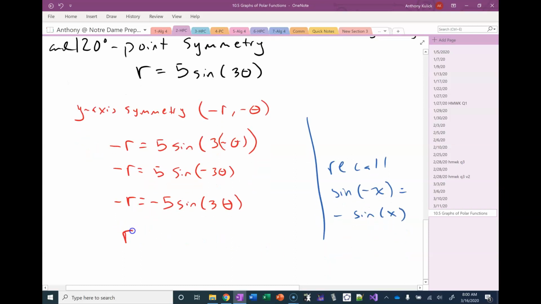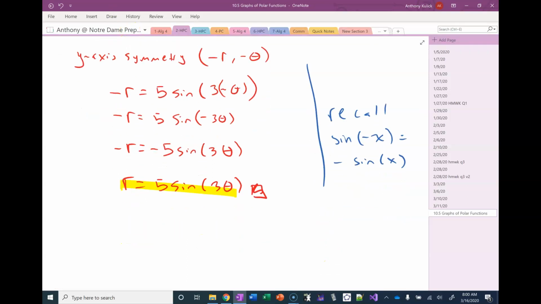Then if we divide both sides by negative 1, we're left with the original. Because we replaced r and theta with negative r and negative theta, but this still simplified down to the original equation, I know that we have y-axis symmetry. Next, let's do our 120 degree point symmetry.